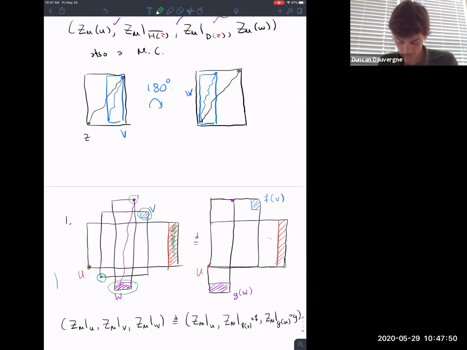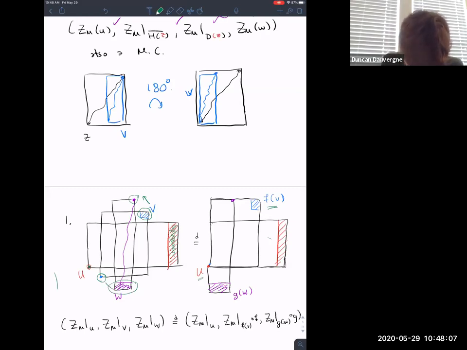And then what I could do is I'm going to keep all my boxes in capital U fixed, and I'm just going to shift the boxes in V. So they shift like this to get F of V, and the boxes in W, I can also shift these.